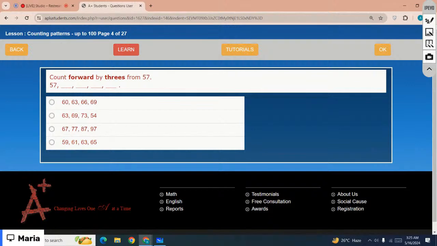So, which is the correct option? The correct option is, yes, option number one: 60, 63, 66, and 69.